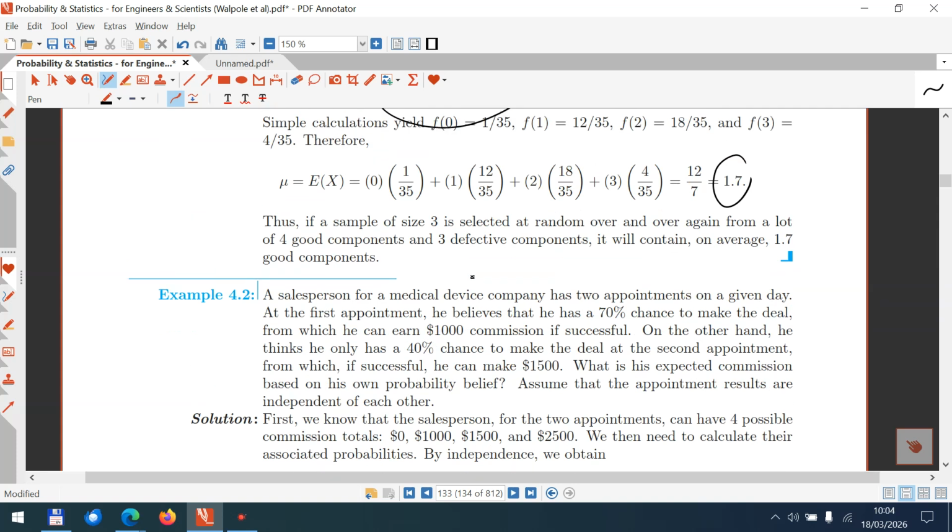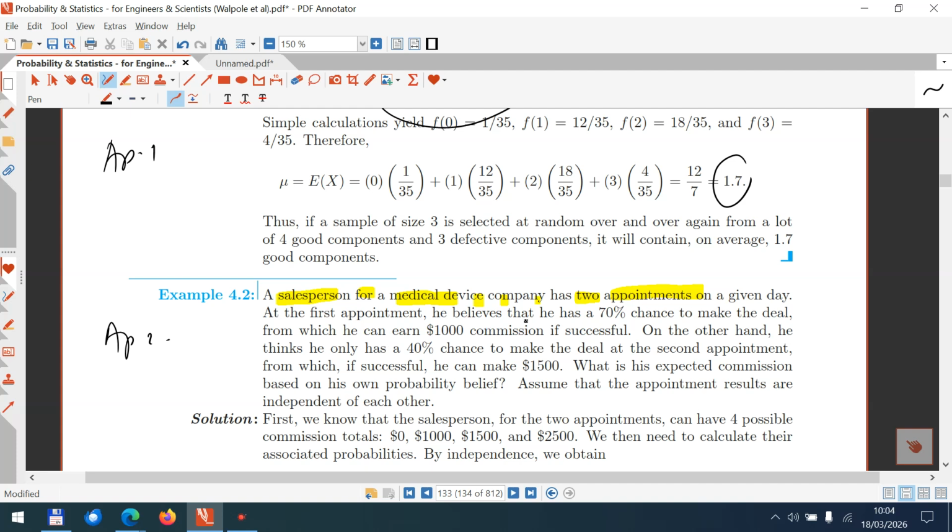Okay, the next question for getting some practice with expected values is this probability problem. A salesperson for a medical device company has 2 appointments. So let's say you have appointment 1 and appointment 2, AP1 and AP2.